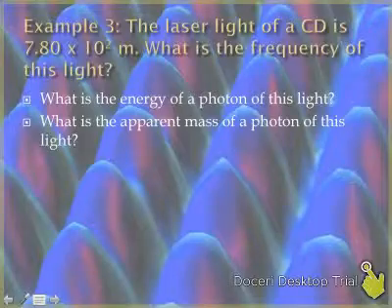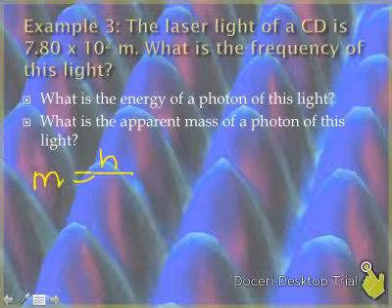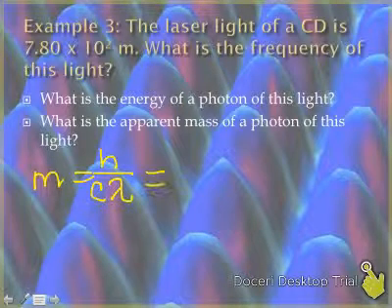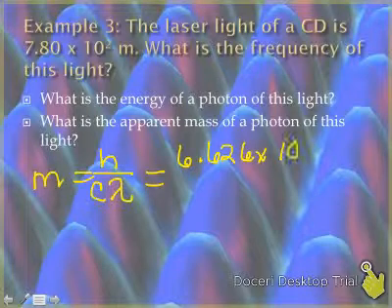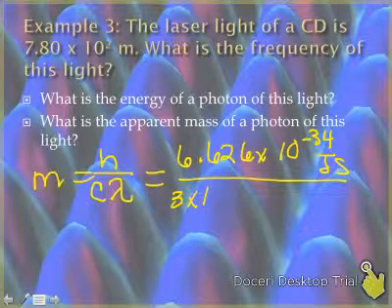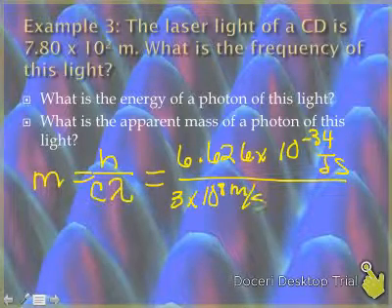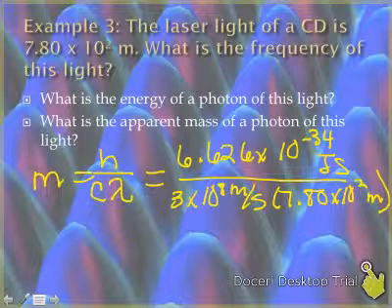M equals H divided by C times wavelength. Okay, H, 6.626 times 10 to the negative 34th joules times seconds. C was 3 times 10 to the 8th meters per second. Our wavelength was given to us in the problem, and it was 7.8 times 10 to the second meters.